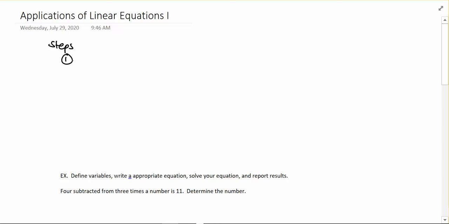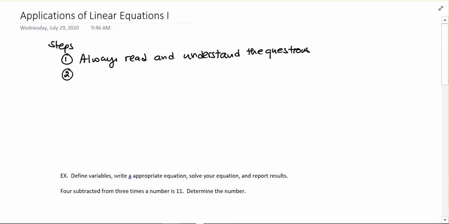Certainly one of the things you really want to do is always read and understand the question. These are not difficult problems if you just give it a shot. Just read and understand the question. One of the things that I find many students don't do is they don't start at the question.